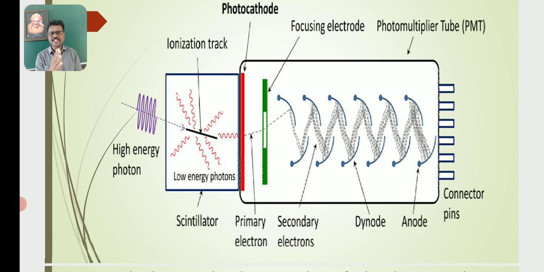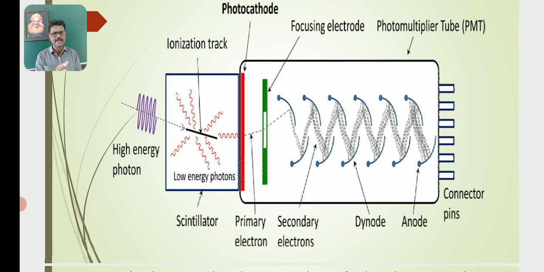So based on that, the photocathode here liberates primary electrons. These liberated primary electrons are made to focus on an electrode. They are accelerated and made to pass through the photomultiplier tube, say PMT.